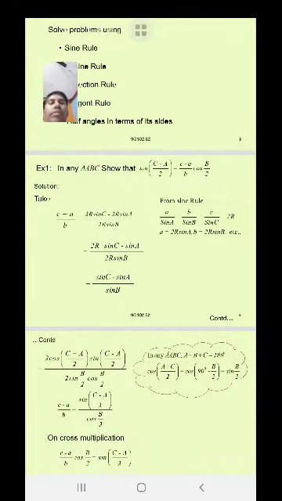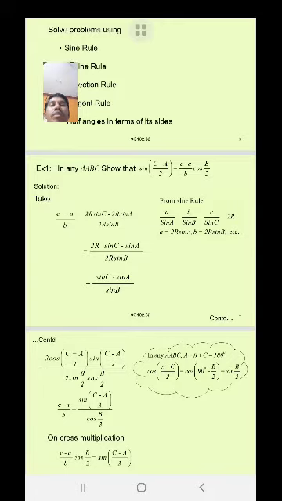First question: in any triangle ABC, show that sine of (C minus A)/2 equals (C minus A)/B into cos B/2. Solution: take (C minus A)/B, which is in the RHS.